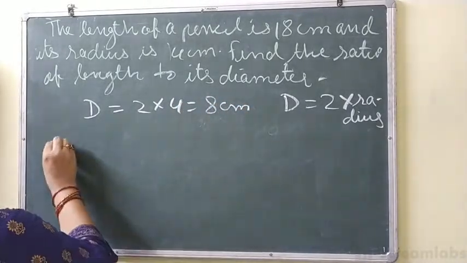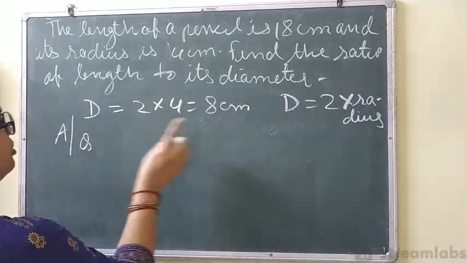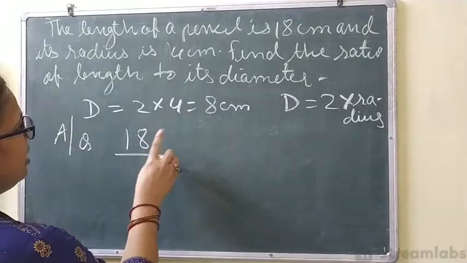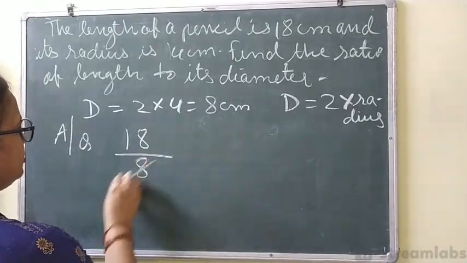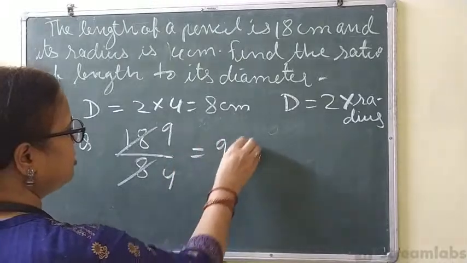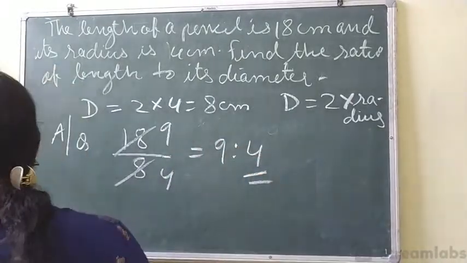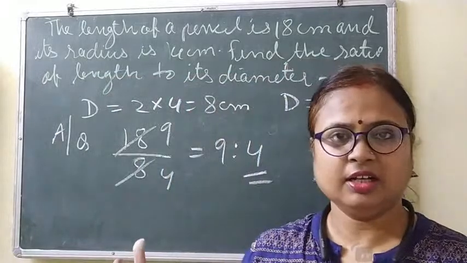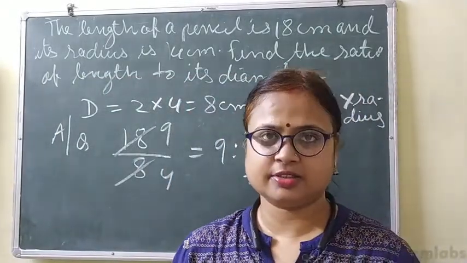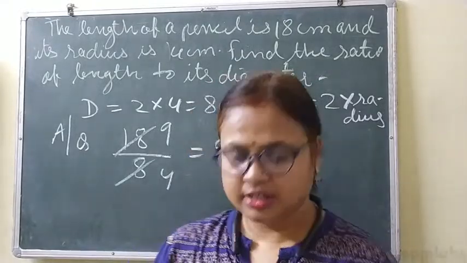According to the question, we have to find the ratio. So length is 18 centimeter, and its diameter is 8. The answer is 9 is to 4. Clear? So now it is clear, the relation between the diameter and the radius. Okay, now let's do the next question.